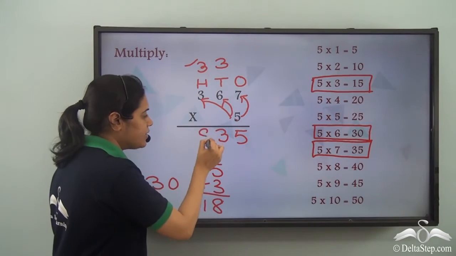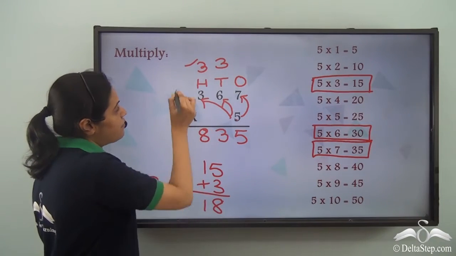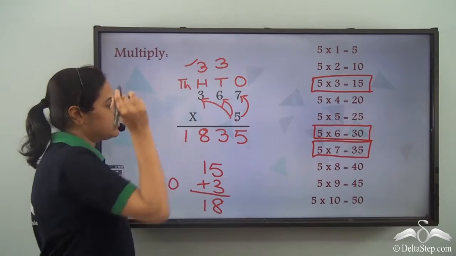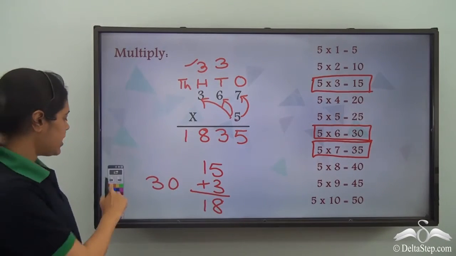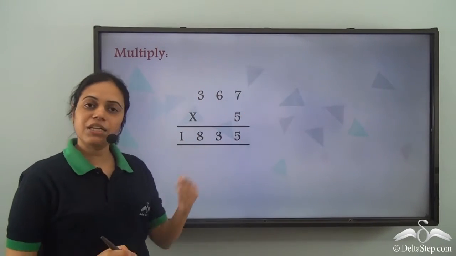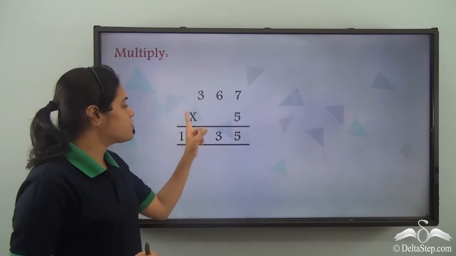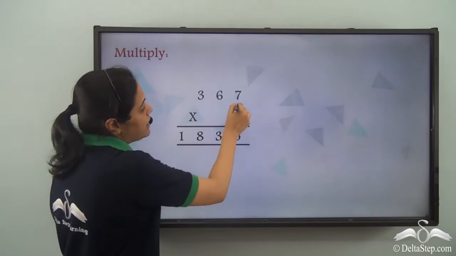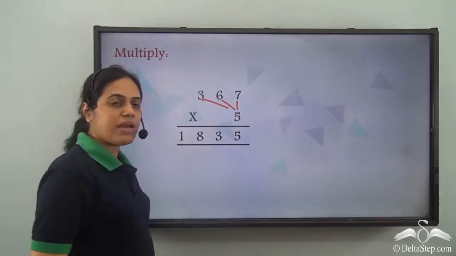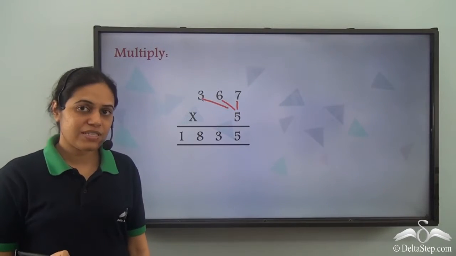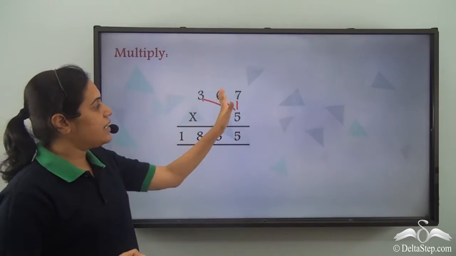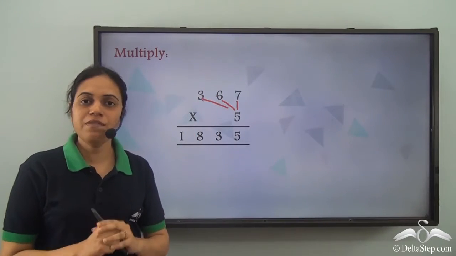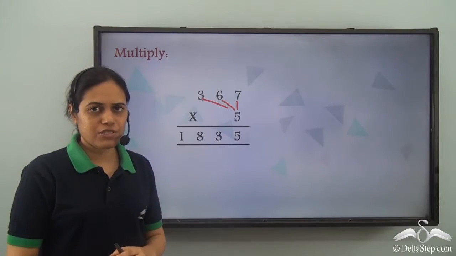So I write 8 in the hundreds place and 1 in the thousands place. So the answer is 1835. How do we get it? By multiplying the digits one by one, and whatever is carried over is added after multiplication with the respective digits.